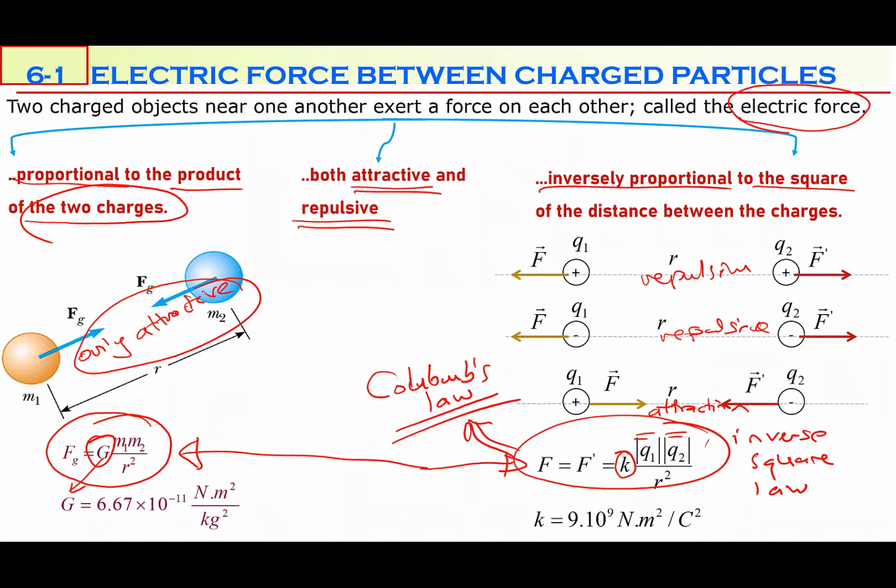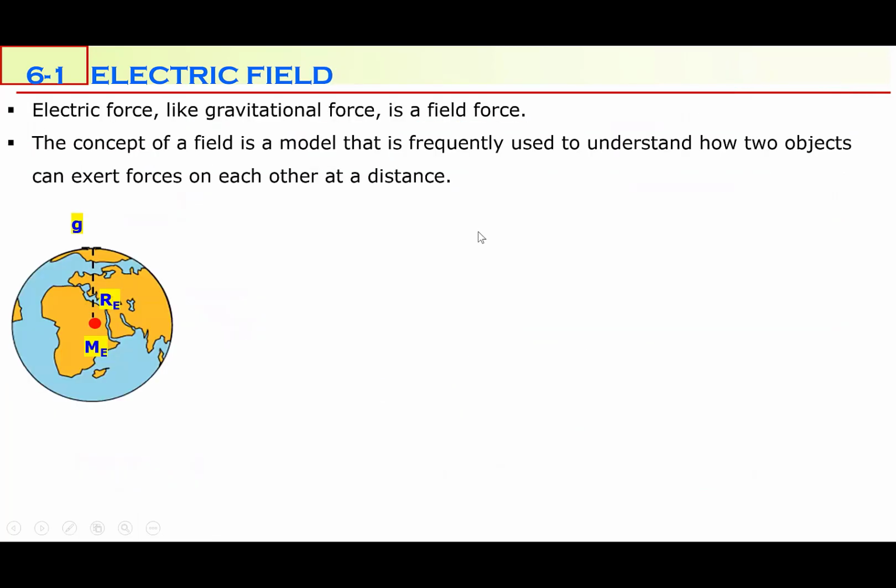What causes, or how do two charges attract one another? Now we will talk about this. How do they do that? How do they attract one another? So I am going to make again a comparison between the gravitational force and electric force. Electric force is also a field force just like gravitational force.